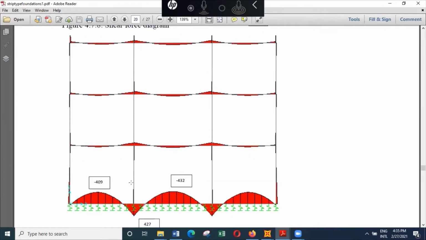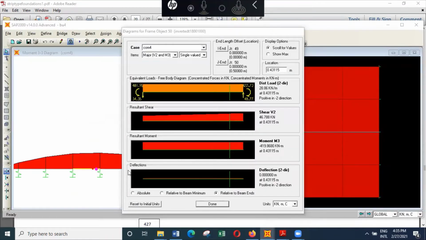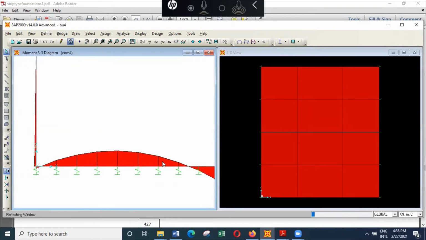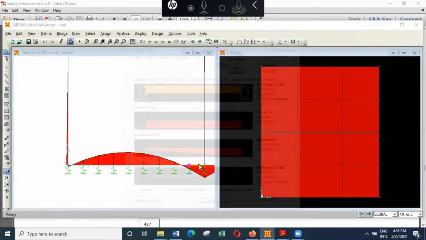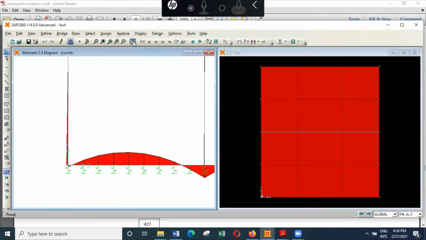And the bending moment is considered as 409 here, 427 here, and 432. If I look at this, I have considered it as something like 410, and here I have considered it as 427, so I get 405.